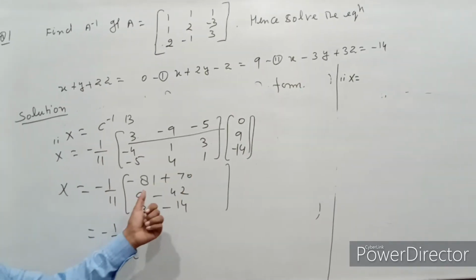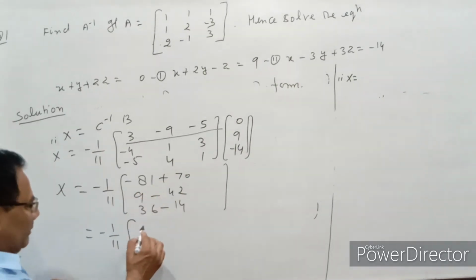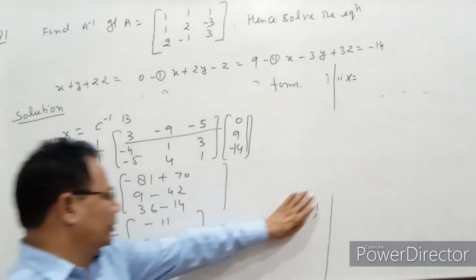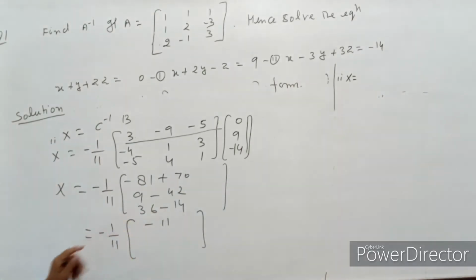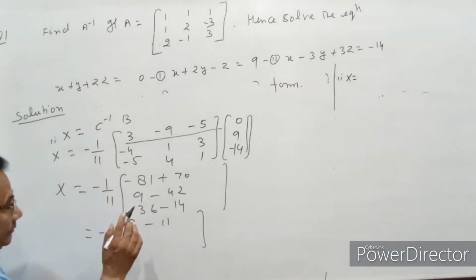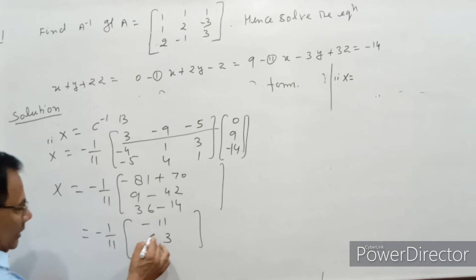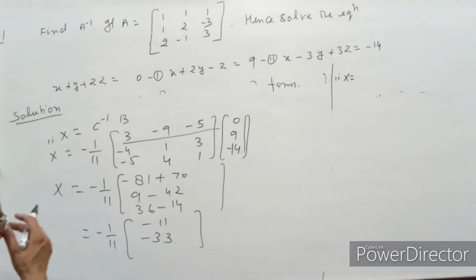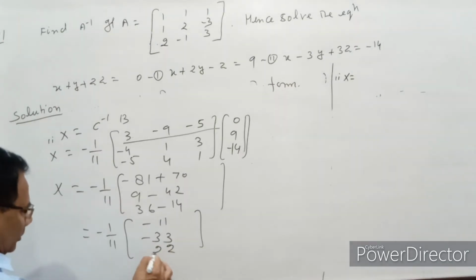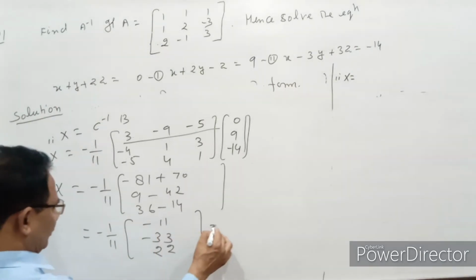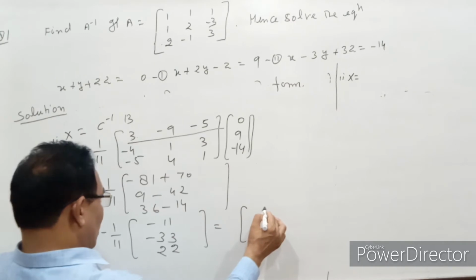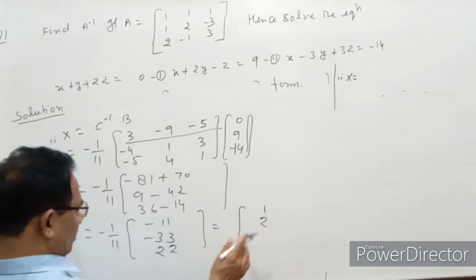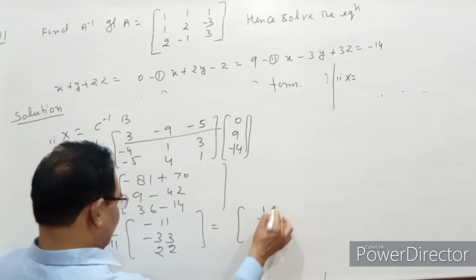Now look, here you are left with minus 11. That is 42 minus 9, 12 minus 9, that is 3, 33 minus 10, that is 6 minus 4, that is 2, 22, and this is equal to 1, 2, 1, 3, that is 2.